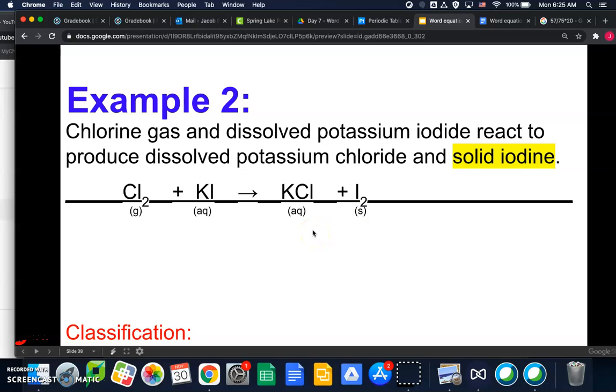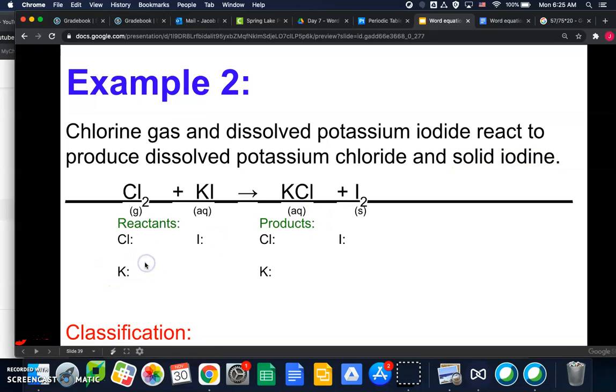Okay, and so then last up, let's balance the chemical equation. So on each side we have chlorine, iodine, and potassium. So on the reactant side, looks like we have 2 chlorines, 1 potassium, 1 iodine. On the product side, it looks like we have 1 chlorine, 1 potassium, and 2 iodine.